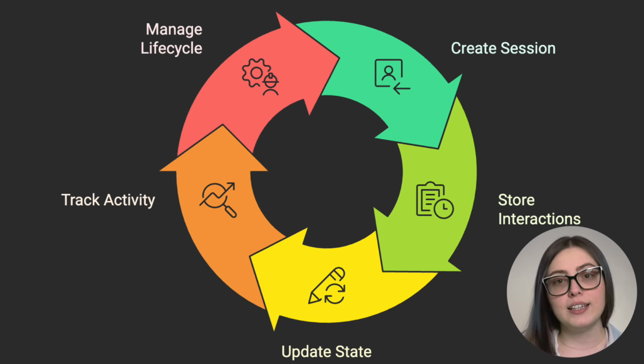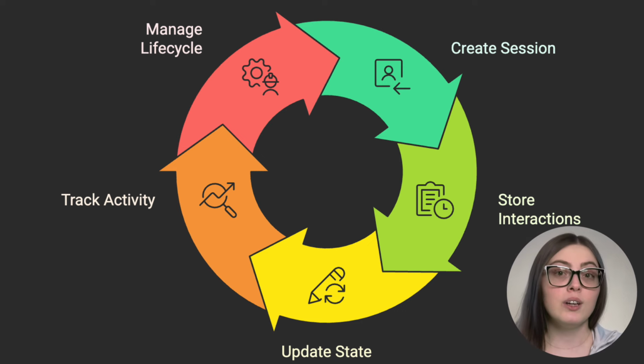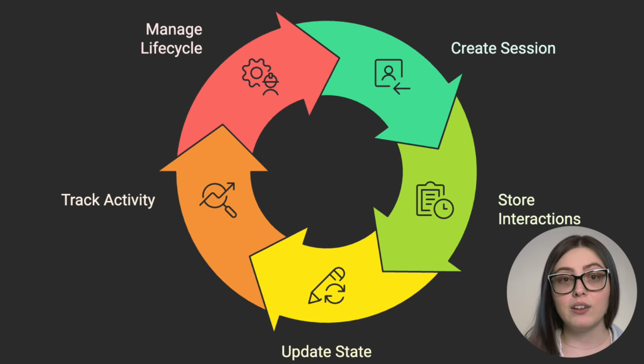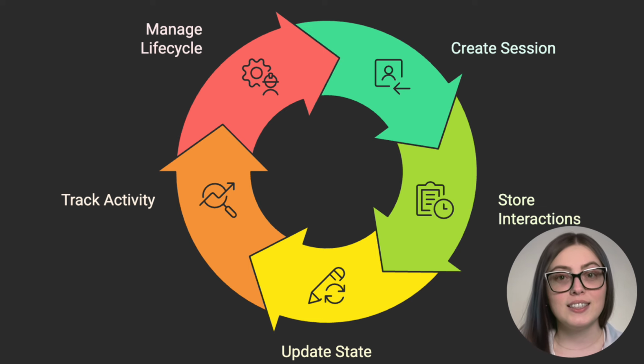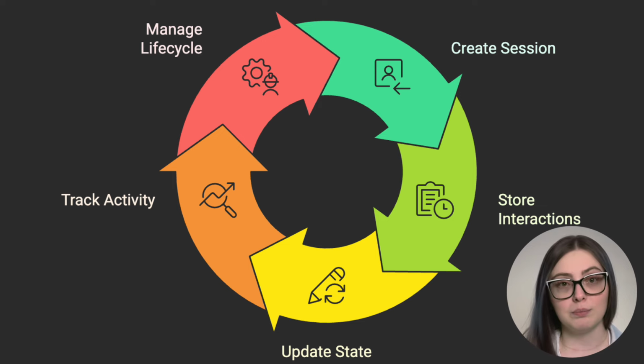Managing these sessions is the job of the session service, which handles the entire lifecycle from creation to deletion. Within each session, the state property serves as the agent's short-term memory. It's a simple but powerful key value store that persists throughout a conversation. It allows agents to remember important details like user preferences or current step in a multi-step process.